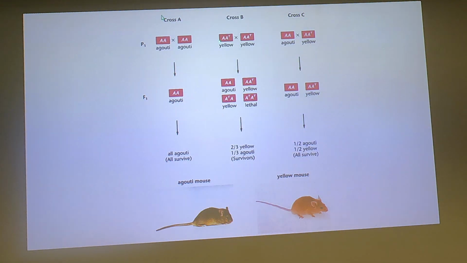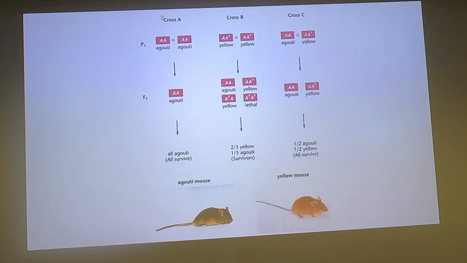And then they've got the wild type big A allele there. And when you cross the heterozygotes, you get this curious result where it's 2/3 yellow and 1/3 agouti. And the reason for that is if you become homozygous yellow, like this one right here, you are a dead mouse. You don't even make it to term.